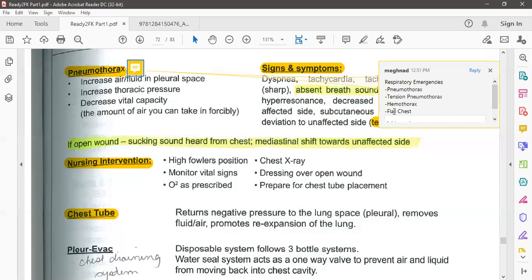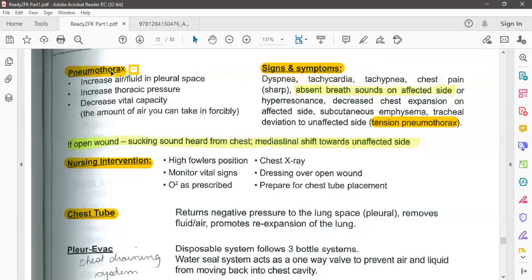When chest wall expansion is limited due to multiple rib fractures, we call it flail chest. The key symptom is paradoxical chest wall movement. So you can see there are four conditions we call respiratory emergencies.